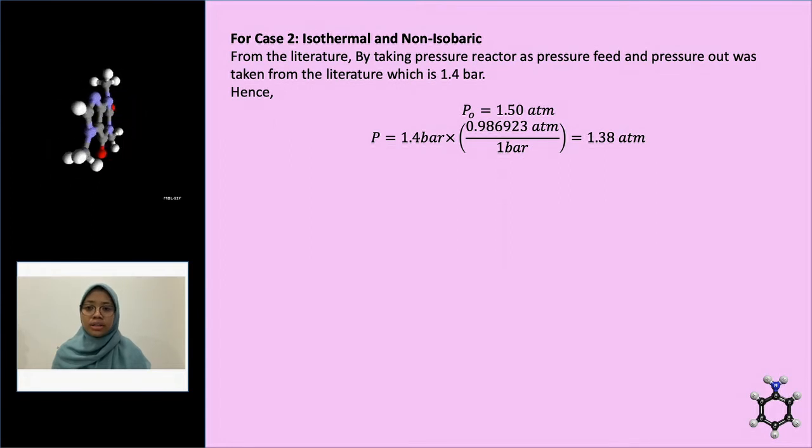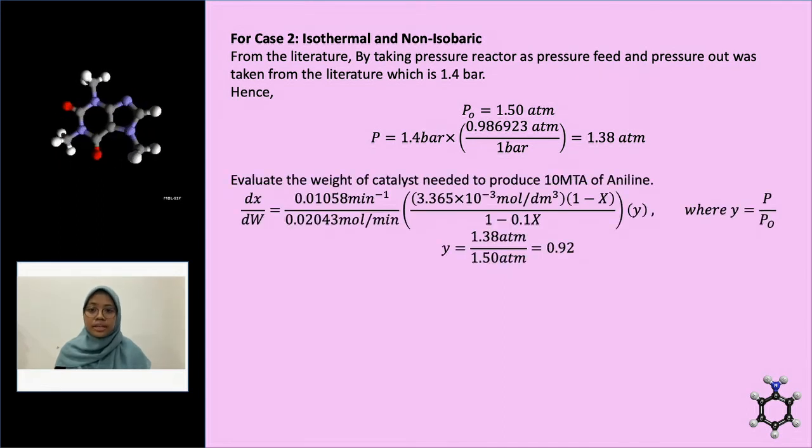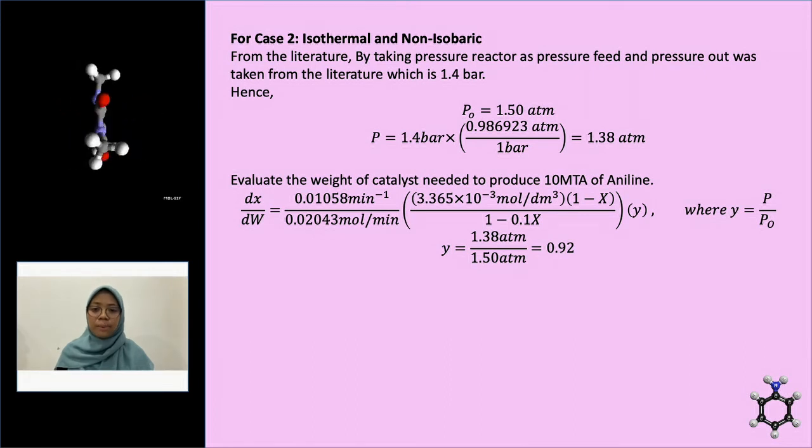For case 2, isothermal and non-isobaric, from the literature review, the reactor pressure was taken as the feed pressure and the pressure out was taken from the literature, which is 1.4 bar. Hence, P naught equals 1.5 atm while P is equal to 1.38 atm. Then evaluate the weight of catalyst from the combined mole balance and rate law equation. Y, which is P over P naught or the pressure factor, equals 0.92.